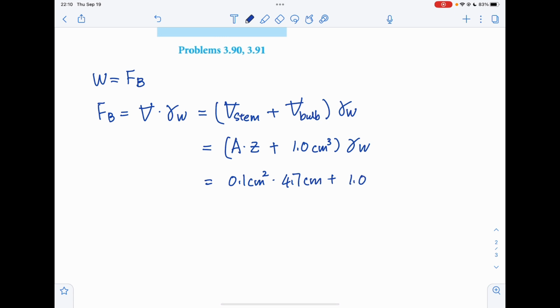plus 1.0 cubic centimeter. And we need to convert centimeters to meters.